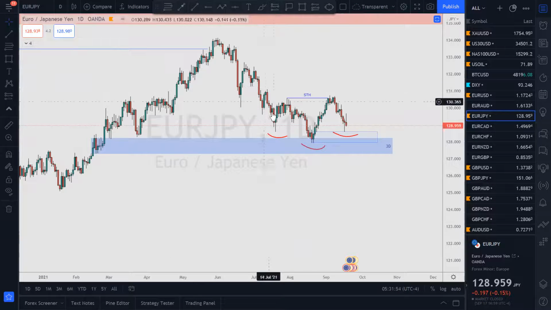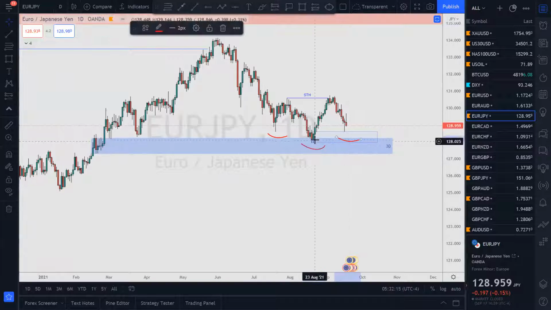Price has already come down here before, but I'm noticing that we have a quasi or inverted head and shoulders. We have my low, lower, higher. I'm hoping that this ends up as a weak attempt to go lower than this low here, because that would be a lovely reversal, and we can take price to the upside from here.